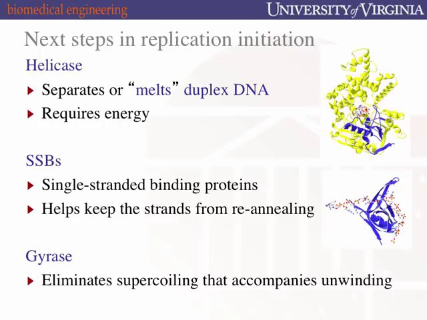That creates enough mechanical tension that it can do DNA damage and can stop replication. The way that thermodynamic barrier is overcome is through a family of enzymes called the gyrases. What gyrases do is tackle the supercoiling issue, which I'm going to show schematically in just a moment, by breaking and rejoining the DNA to relieve the supercoiling.